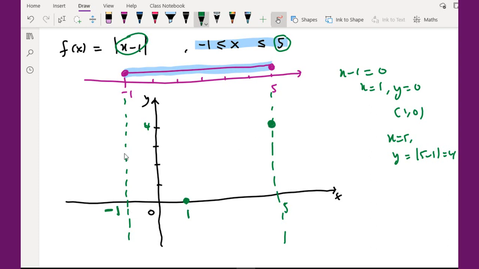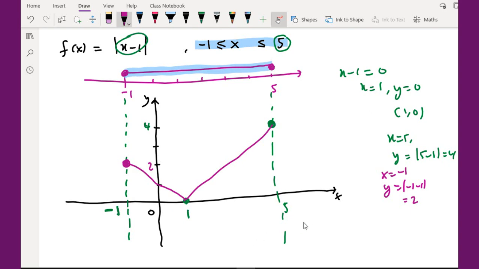And then for the left hand side, substitute when x is equal to negative 1. Negative 1 minus 1 is equal to negative 2, absolute value is 2. So point is (negative 1, 2) over here. This is a circle, included and also included. The graph is in V shape. This is middle point. Just join the 2 points. So this is the function.